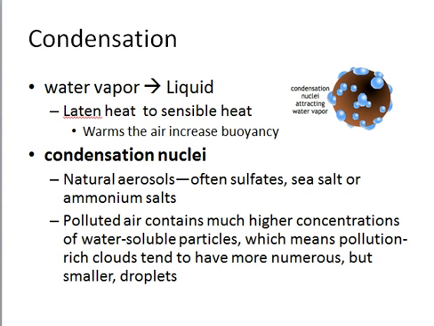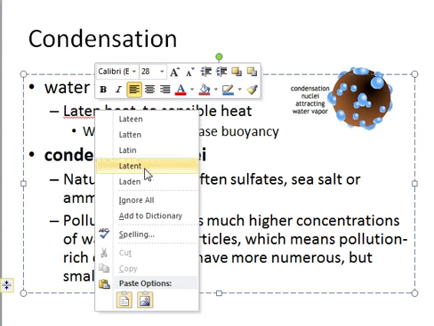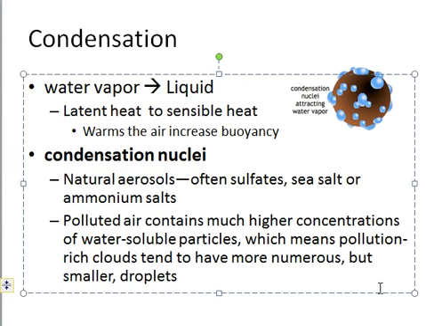So one of the things you need for rainfall is a condensation nuclei, and let's see if I can fix that one. Yeah, there you go. So the condensation nuclei are small particles. There are natural particles like sulfates, sea salts, and ammonium salts in the atmosphere, and they give the gas something to collect on and begin to get heavy.